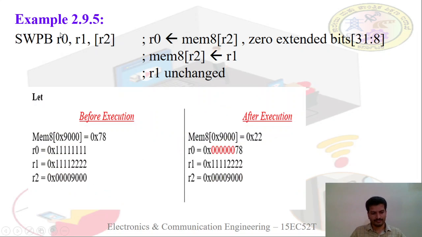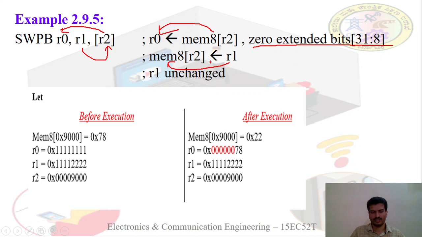Whereas in SWPB, swap a byte, from memory location to register and register to memory location. Here only a byte from memory and only a byte from register will move. Here the zero-extended concept is used.